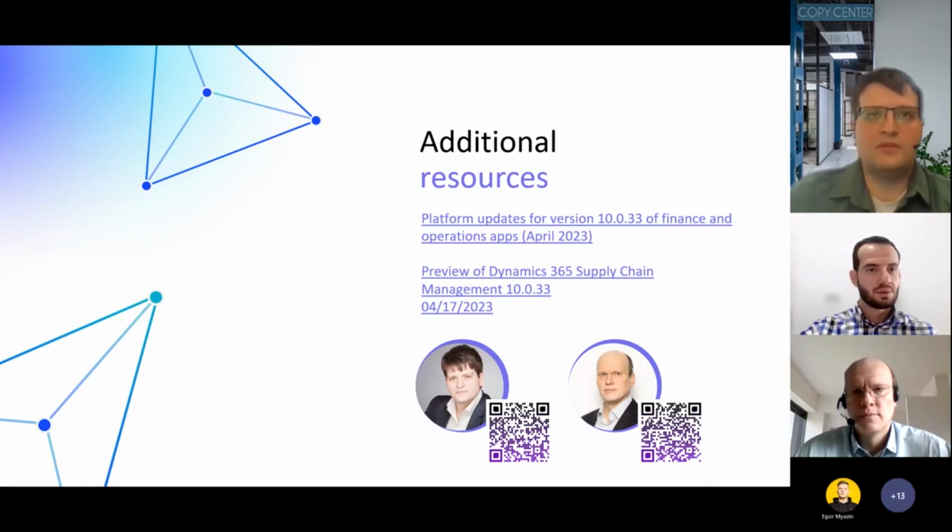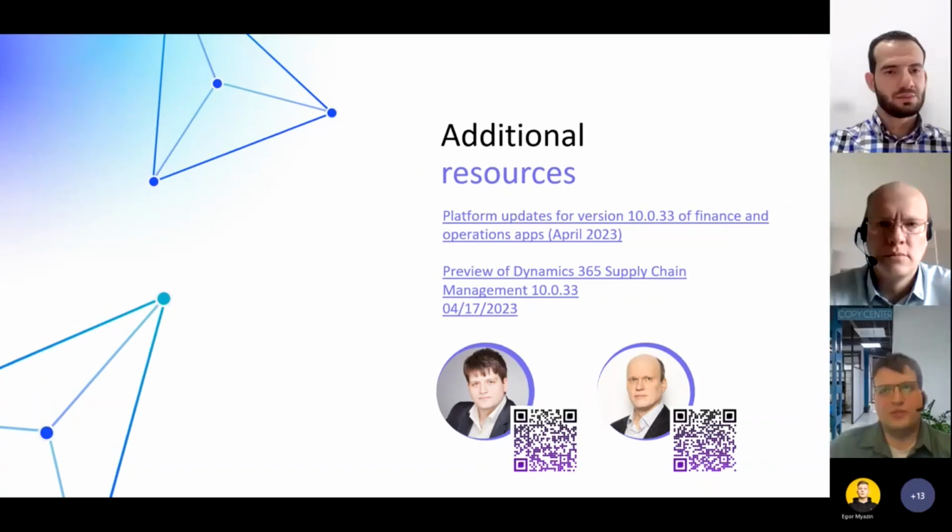But also in inventory visibility application, you can configure calculated measures in calculated measures tab. So you can configure your own formulas, which may consist of any fields, any dimensions, any measures from the data source.